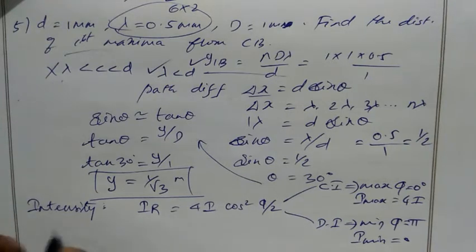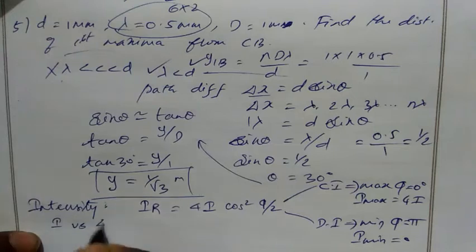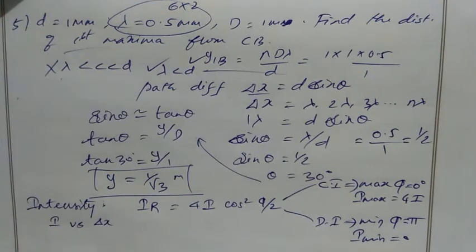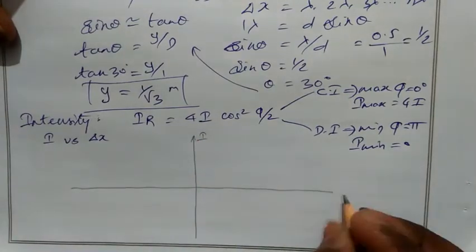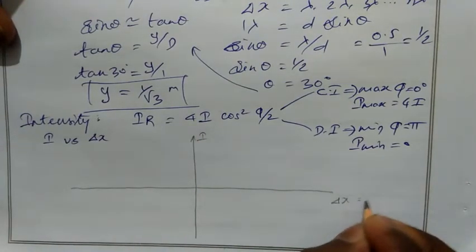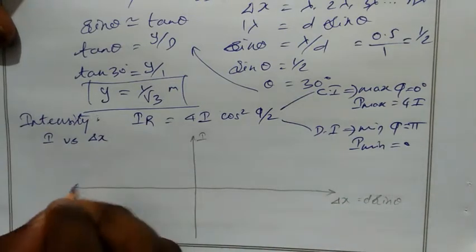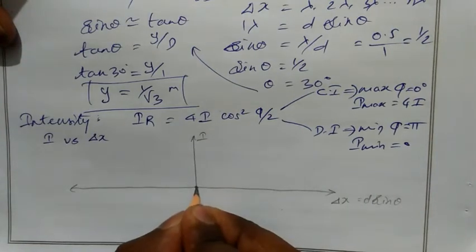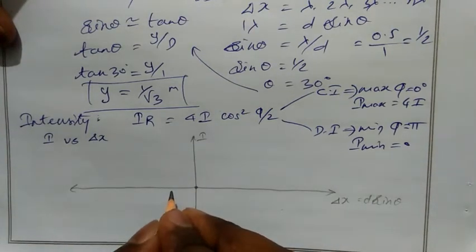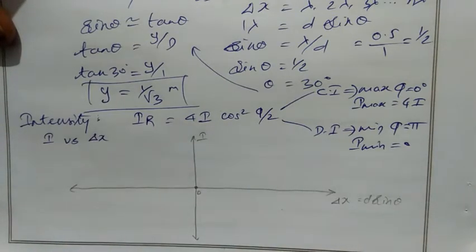So draw the graph, intensity versus del x. Del x means path difference. So in this graph we have I in y axis and del x, which is d sin theta, in x axis. Okay, so for central bright fringe we have the value 0 for central.